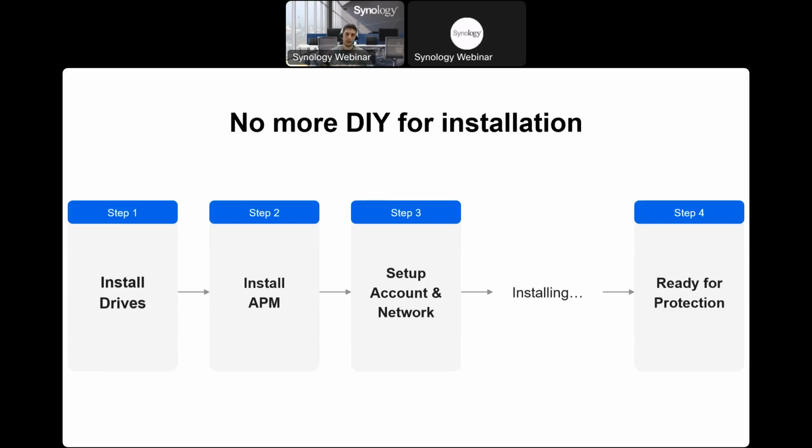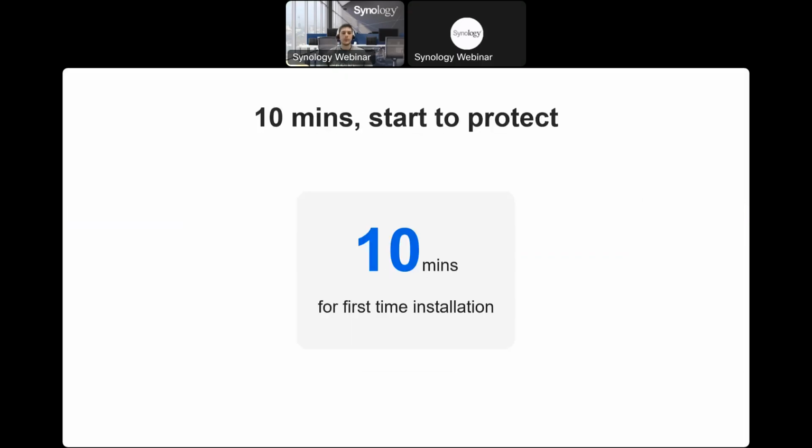Then it will be ready to protect. In less than 10 minutes, the initial installation will be done, and the initial setup of the backup plan will take only 5 minutes, give or take. Afterwards, that means approximately in 15 minutes, the unit will be ready to back up and protect your valuable data.